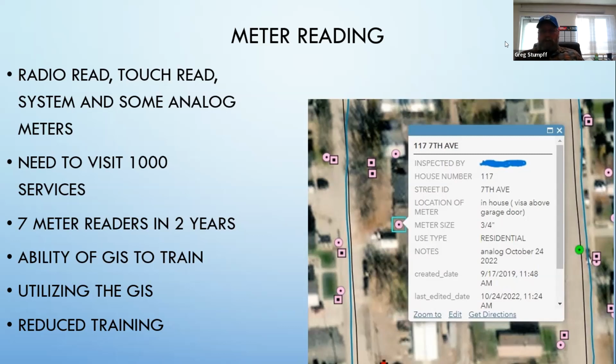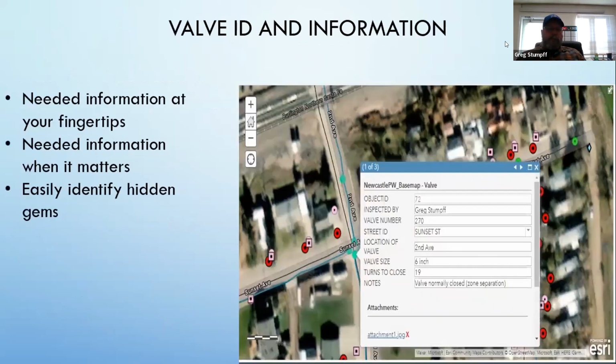On the right, you can see some of the information we have on our meter locations. We are actually expanding that to add lead service lines so we can utilize this as our inventory, which will be a big help in the future. When you need the information, it's there, whether it's 2 o'clock in the morning or 10 o'clock in the morning or 1 o'clock in the afternoon.